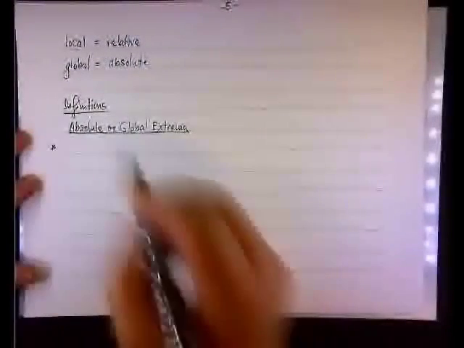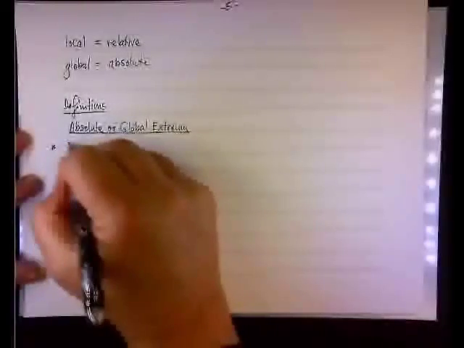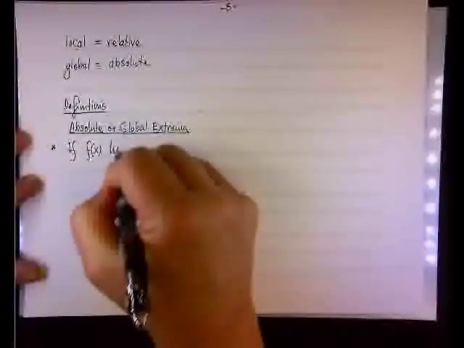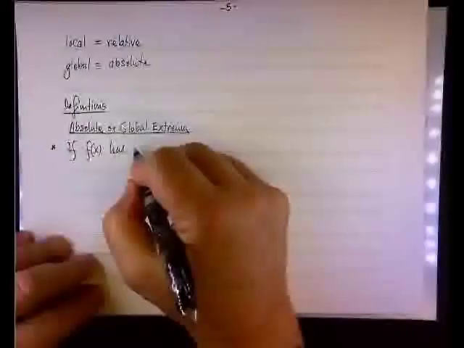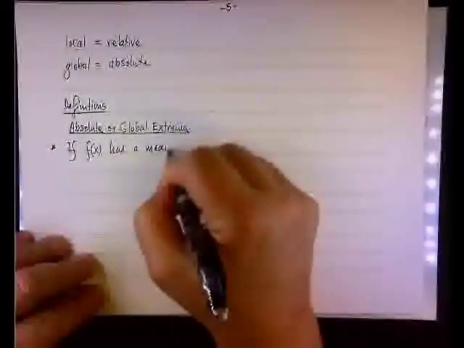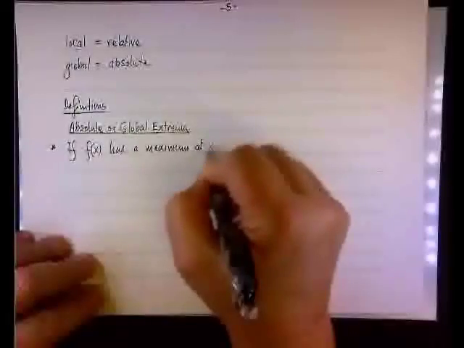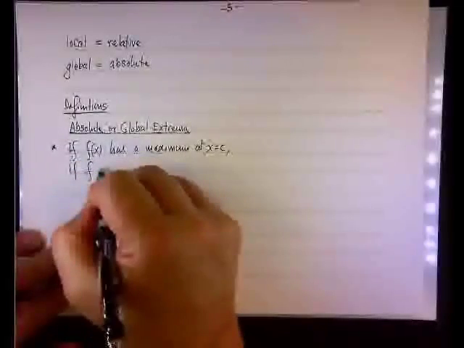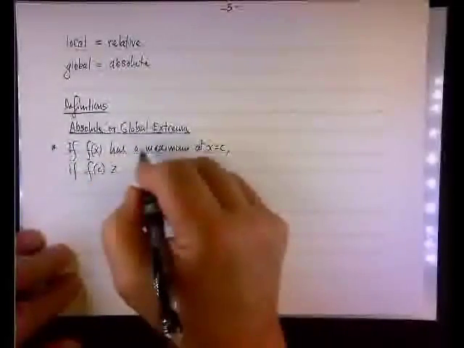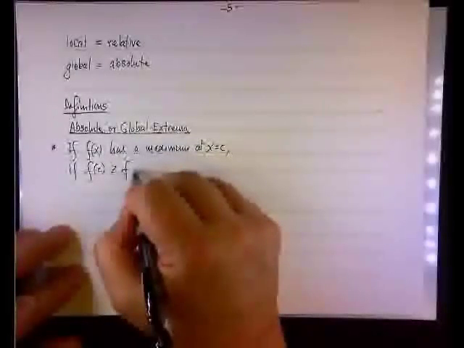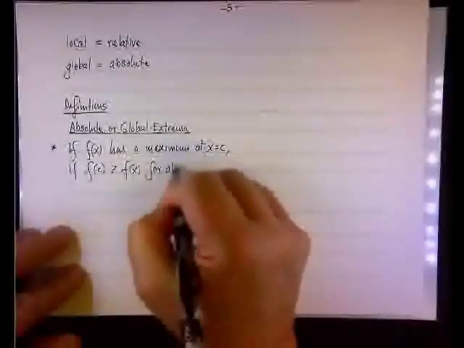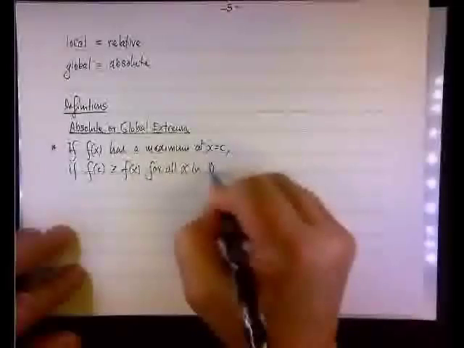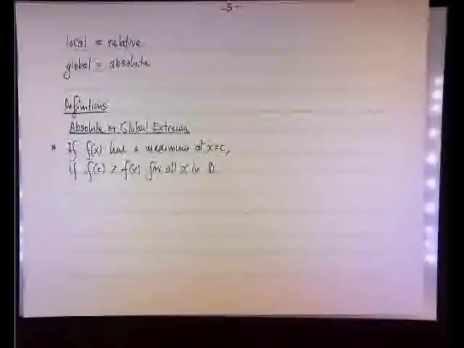The first definition will be, we're going to say that f of x has a maximum, a global or absolute maximum, at x equals c if f of c is greater than or equal to f of x for all x in D. D is the domain of f of x.